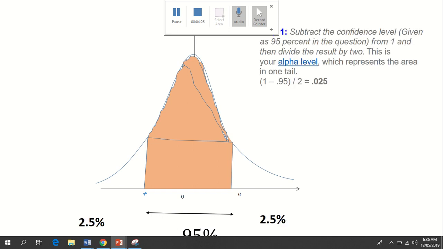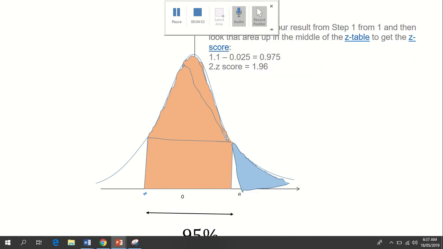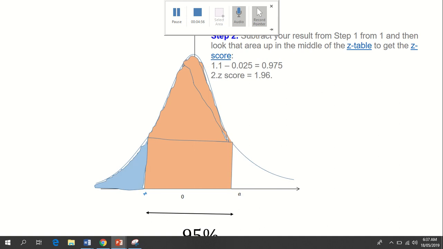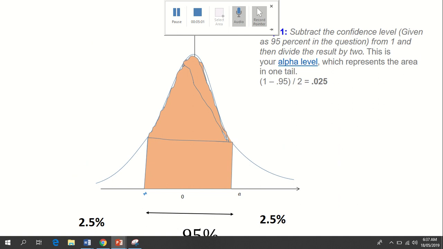I know that the whole curve has a probability of 1, and if the probability of the colored area is 95%, then the remaining probability is 5%. Because the curve is symmetrical, it would be 2.5% either side. So what I do is take out 2.5%, which will get rid of this tail, and now I am left with my original curve.